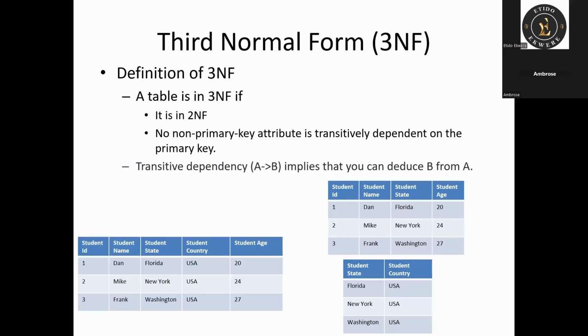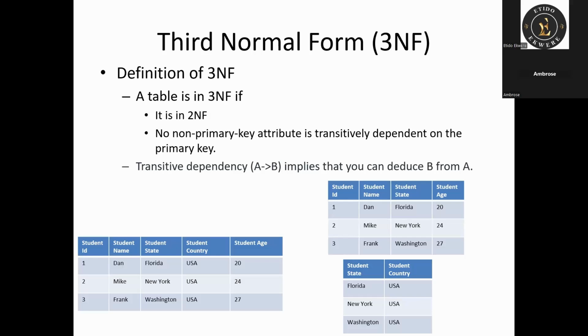Now, for the third normal form, the requirement is, first of all, that the table must be in second normal form. Then the extra requirement says no non-primary key attribute is transitively dependent on the primary key.